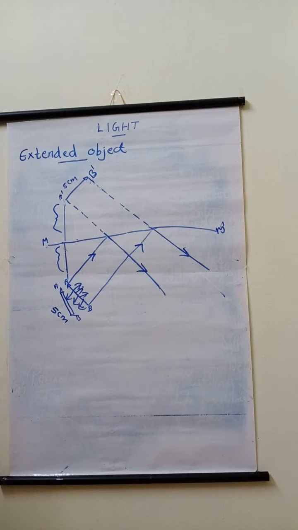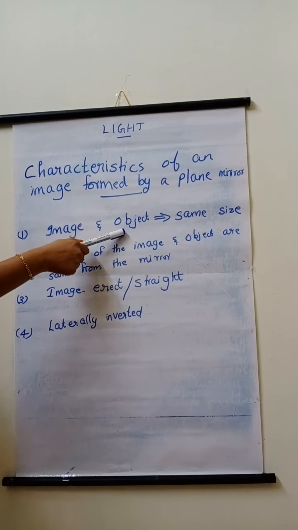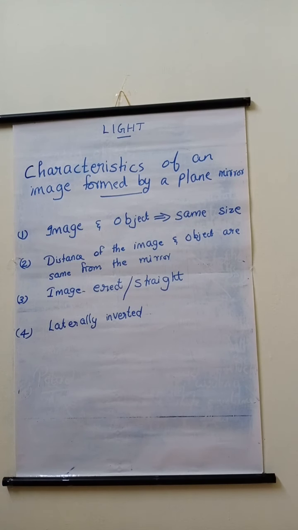Now let us discuss some of the characteristics of the image formed by a plane mirror. First one is that the image formed by a plane mirror is of the same size as the object. That means the image and object will have the same size.